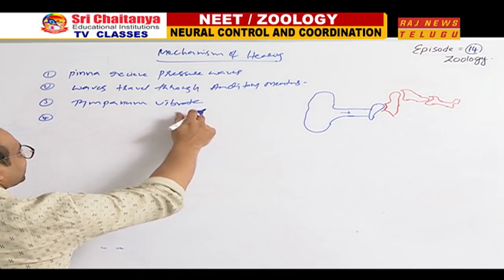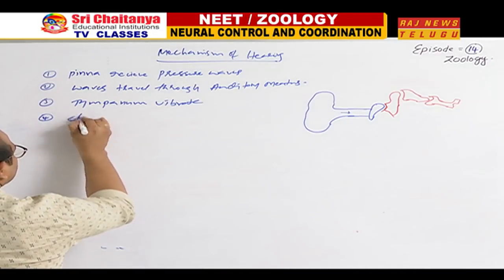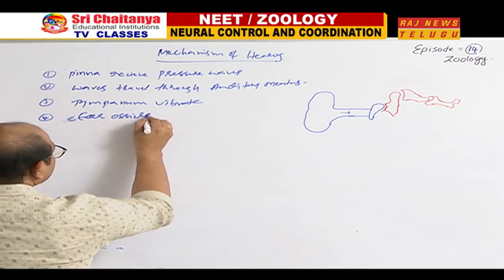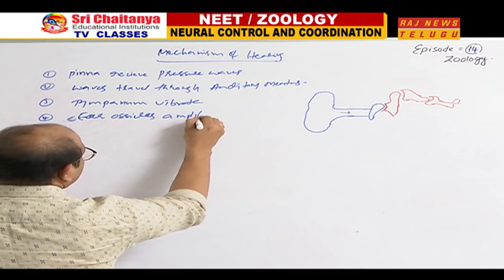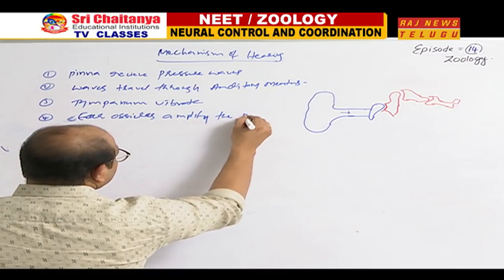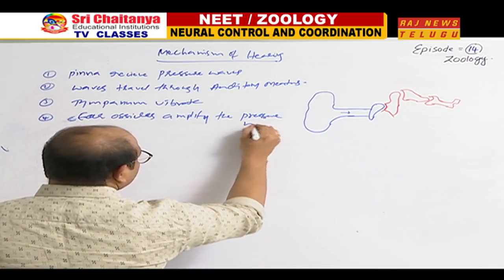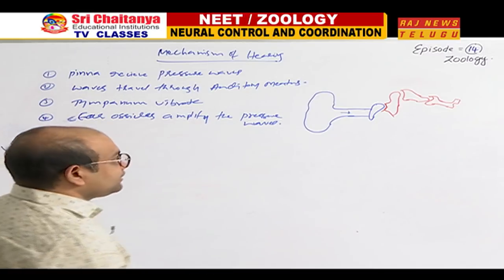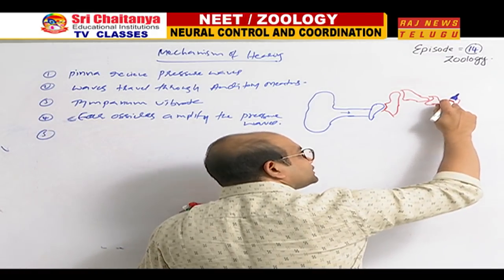So after tympanum vibrates, ear ossicles amplify the pressure waves. This is fourth point.